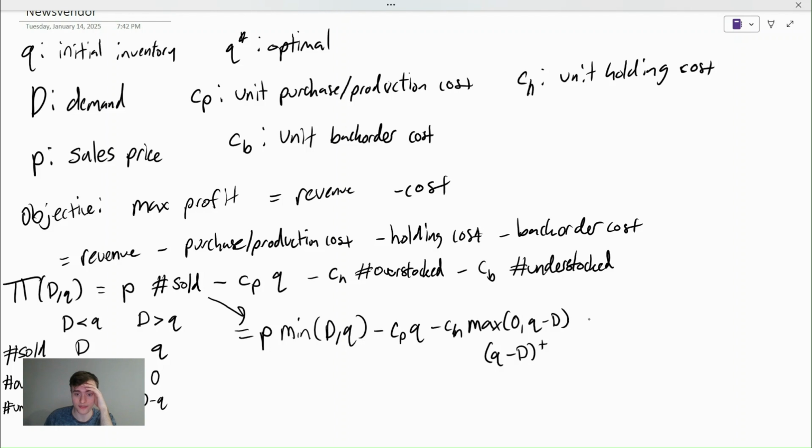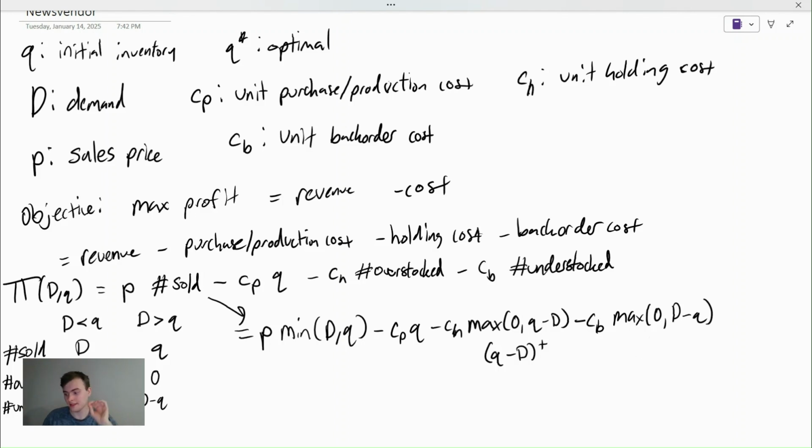And then we also have minus CB times the number understocked, which is also going to be the maximum of these two. Because when we have 0 understocked, then D minus Q is negative, and the max is 0. Right?